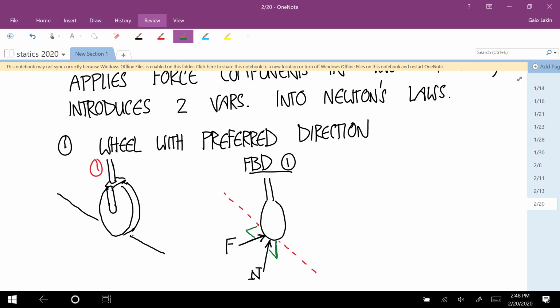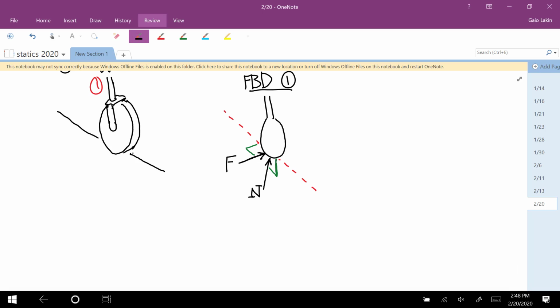Any questions about that one? Right. Yeah, wheels we're always going to represent as frictionless. We'll talk a little bit about some kinds of wheel friction, I guess, right at the end. Okay, so now joint category 3.